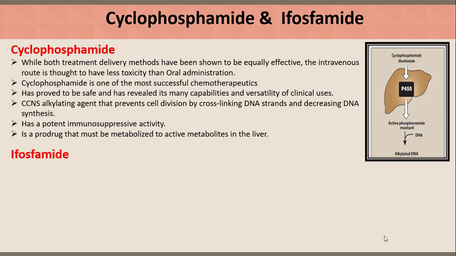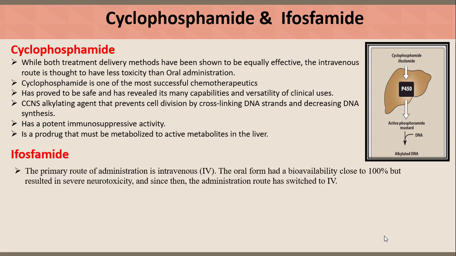When it comes to ifosfamide, we should remember that the primary route of administration is intravenous. The oral form had a bioavailability close to 100% but resulted in severe neurotoxicity, and since then the administration route has switched to intravenous.